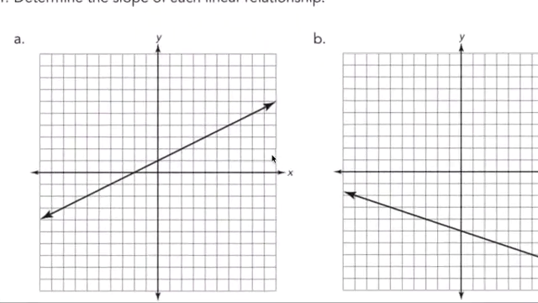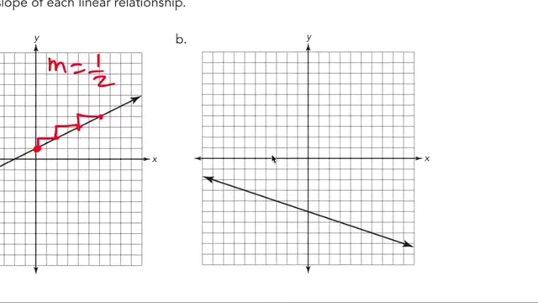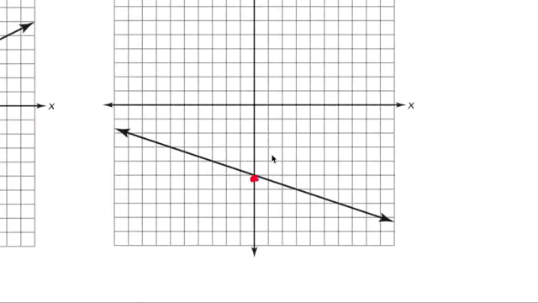Determine the slope of a line. This is 1 over 2. So the slope is 1 over 2. It's turning at the y-intercept. This is a y-intercept of negative 5, and it's going down.